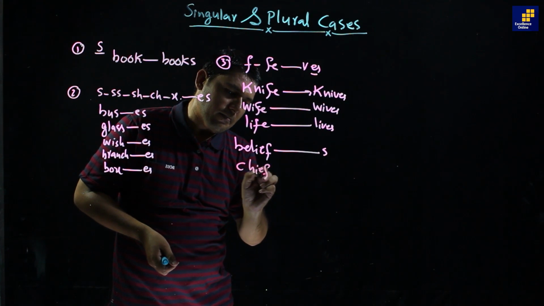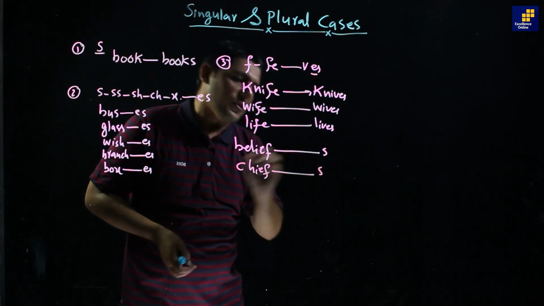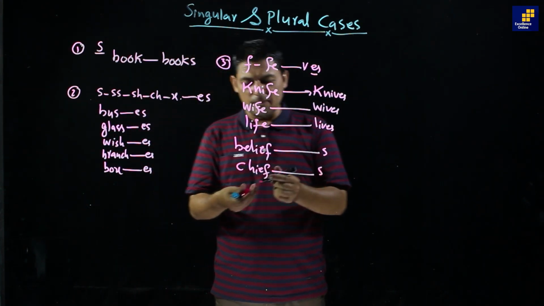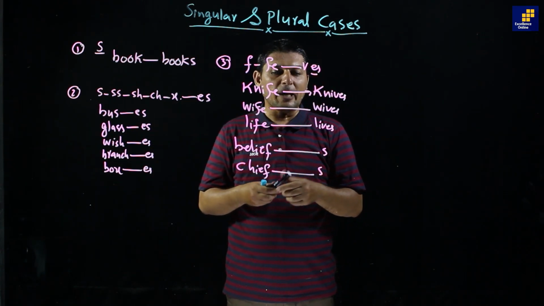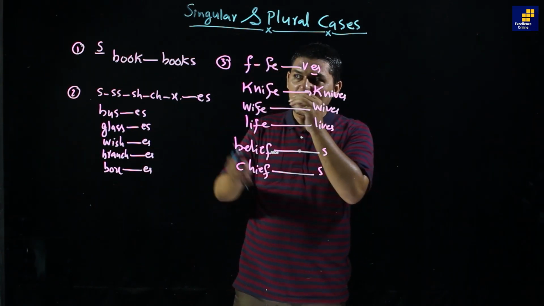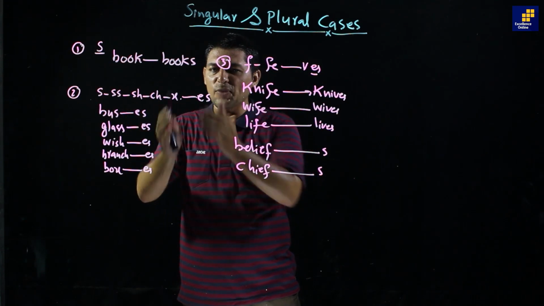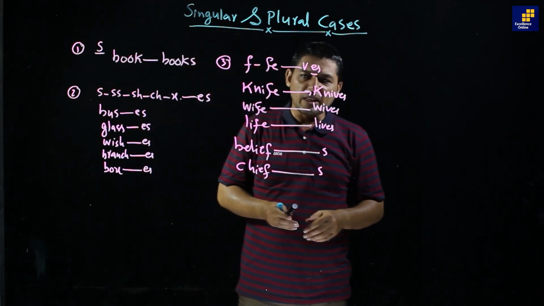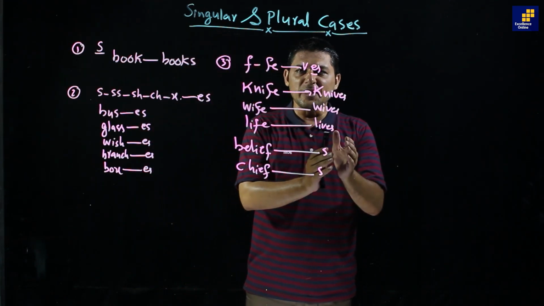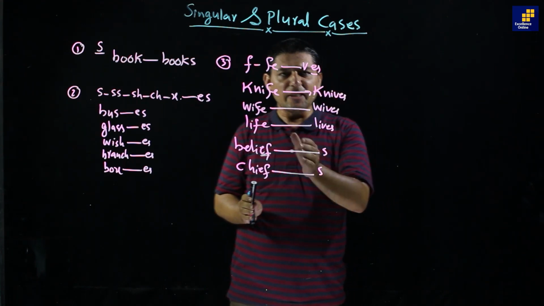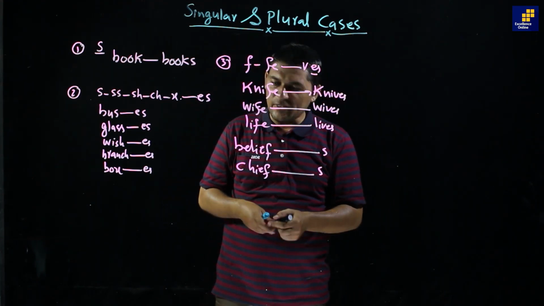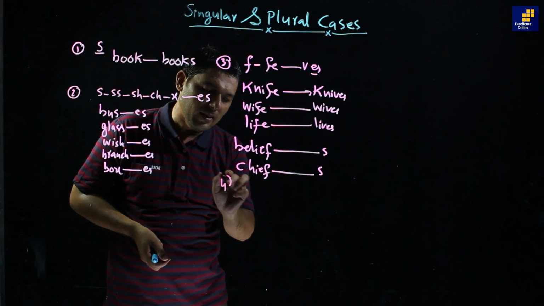Chief, only s. Handkerchief: in certain cases we have the option, you can use both. So point number 1 is only s addition. Number second point, es addition. Number third is by removing f or fe and adding ves. These are 3 points.